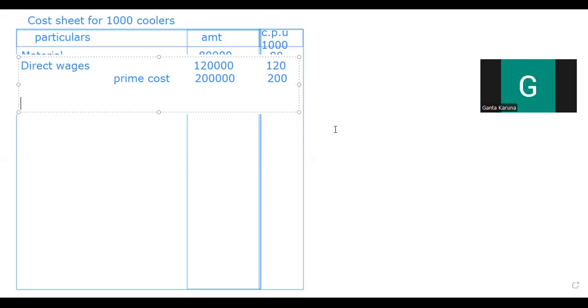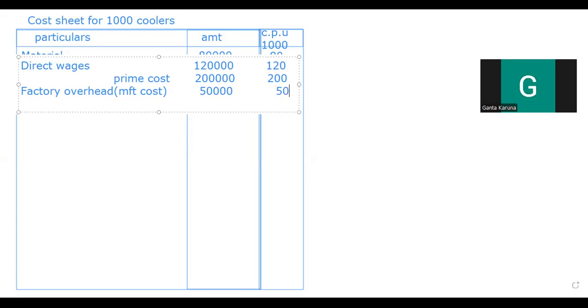So after this one, we are going to take up factory overheads. So here, factory overheads, what he gave is manufacturing cost. How much did he give as manufacturing cost? 50,000 he has mentioned. 50,000 divided by 1,000 is equal to 50.